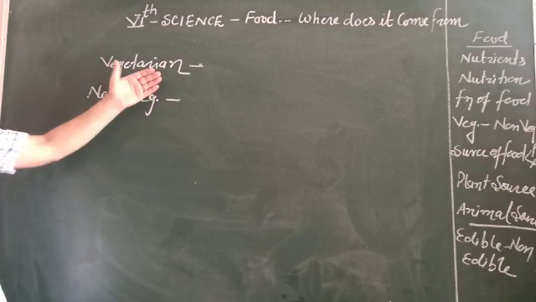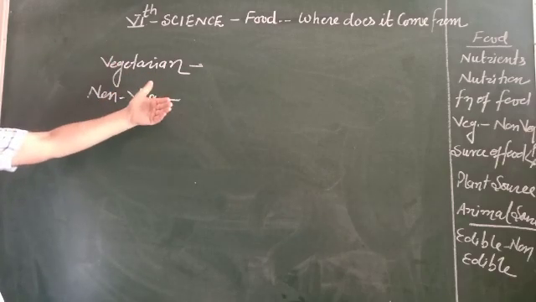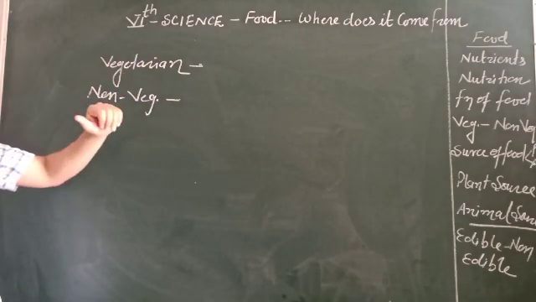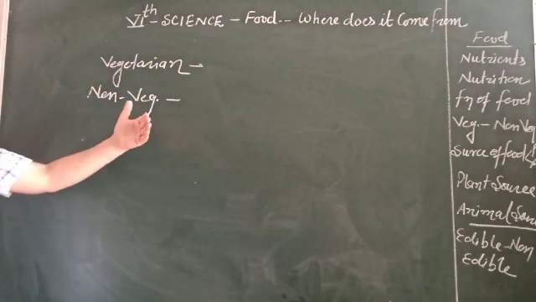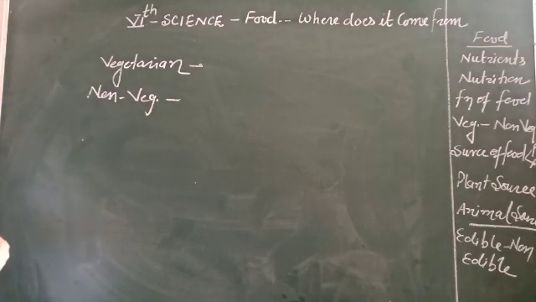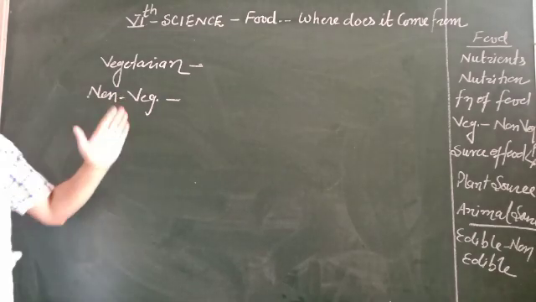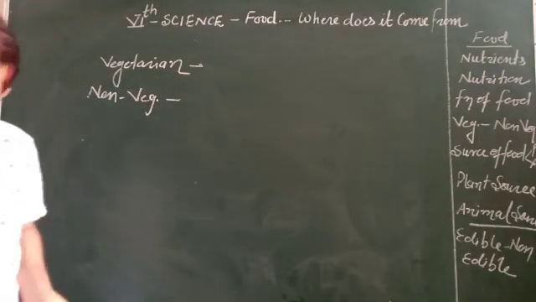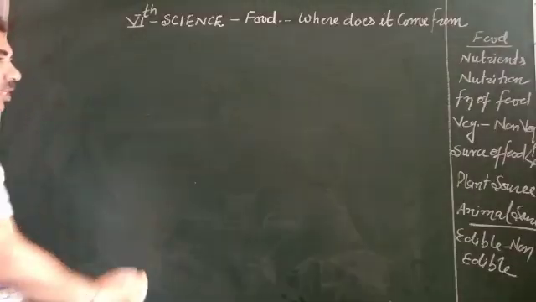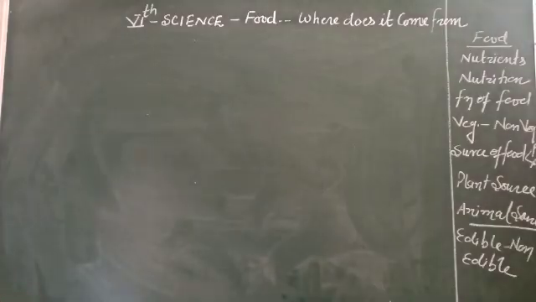The people who consume plants or plant products are called vegetarian, and the people who consume meat, egg, fish, etc. are called non-vegetarian. So it is quite easy. You are familiar with this, vegetarian and non-vegetarian.